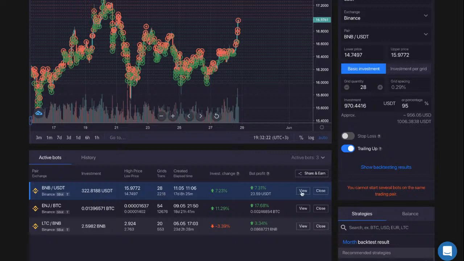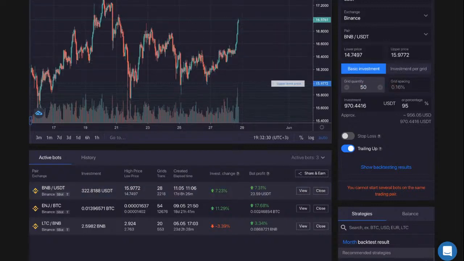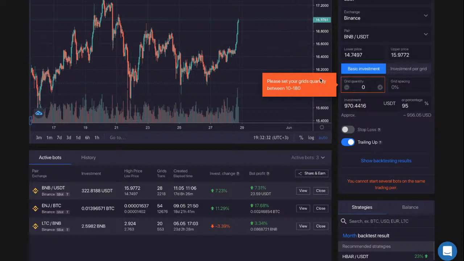So I should have closed this bot and reopened it with, let's say, 50 grid levels, but that depends on the balance currently available for me, because the more grid levels you want to place, the more is the investment requirement for you.